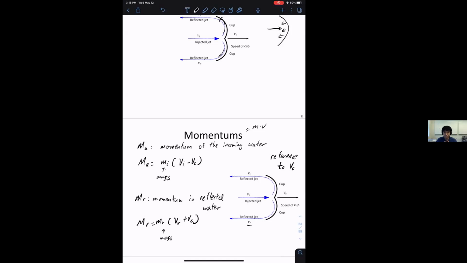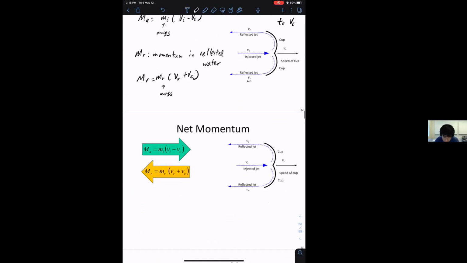So these are our two momentums. If you look at the changing momentum, we have incoming momentum and momentum that's leaving. So the change, the delta momentum, is the momentum captured by the cup. It's just a subtraction.